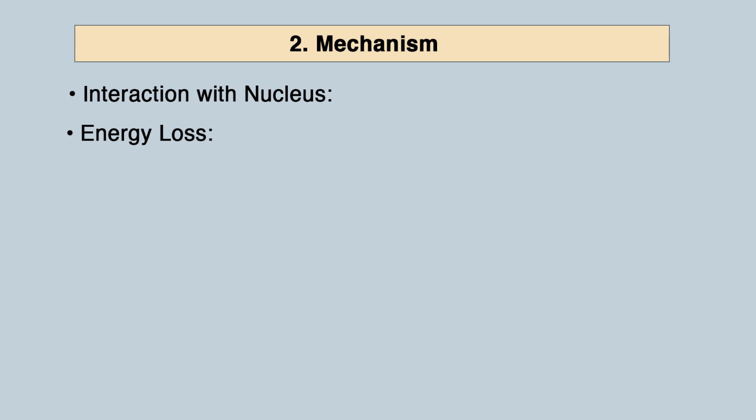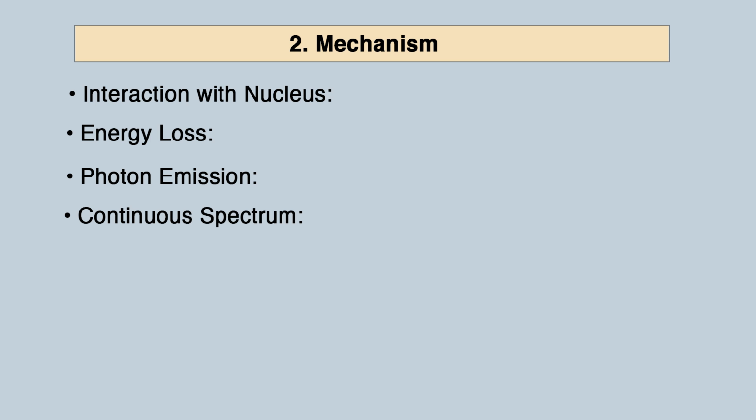Thus, the electron loses some of its kinetic energy as it interacts with the nucleus. The lost kinetic energy is emitted as a photon, called Bremsstrahlung radiation. The energy of the photon equals the amount of energy lost by the electron.